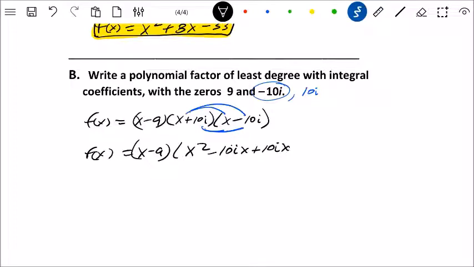And then we get the minus 100i squared. So the function of x is equal to x minus 9. These cancel out. That's a minus 1, and that makes a plus. So x squared plus 100.